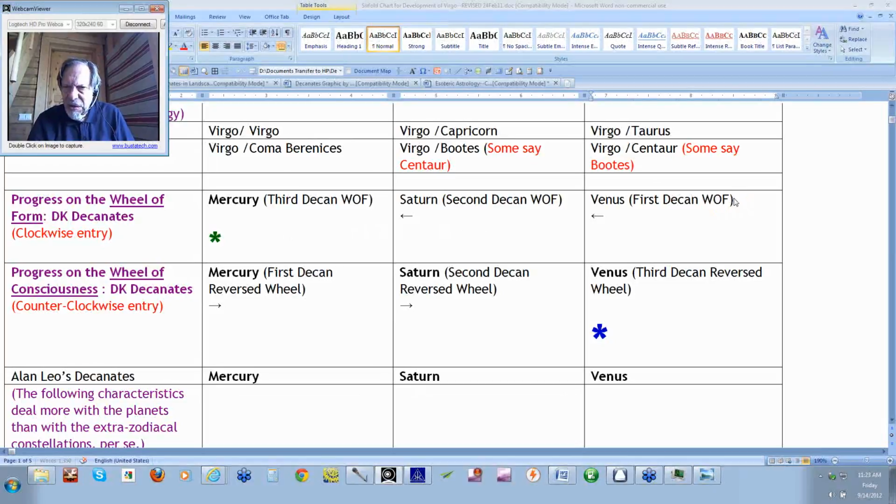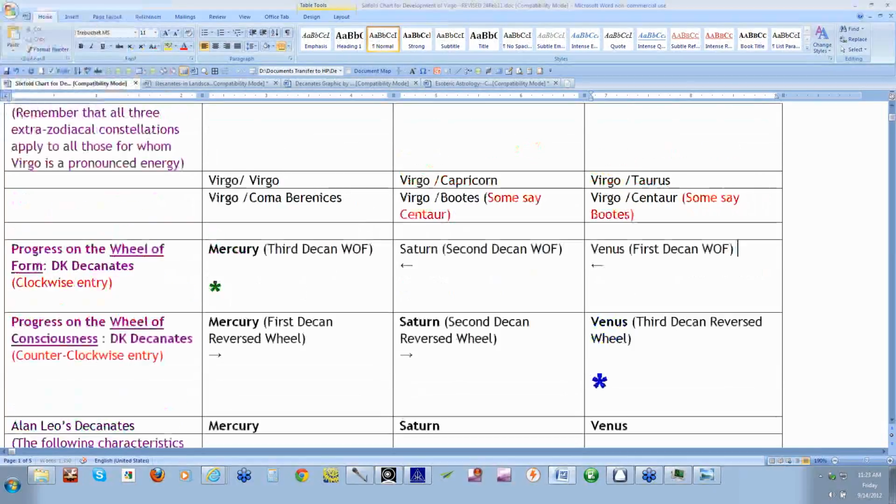But if we operate with Sepharial as a sort of subtext, Sun, Sepharial, and we would have as well Saturn, not Saturn, but Venus as Sepharial here in this second decanate.